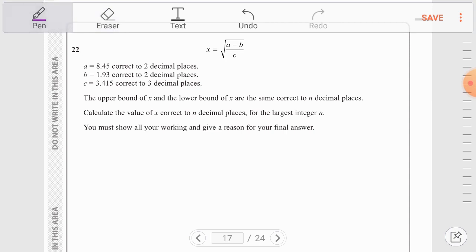At first, we need to find the upper bound and lower bound of each of a, b, and c.